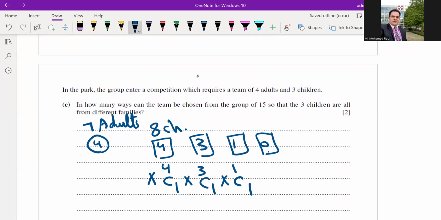What about the adults? There is no restriction for the adults, and we'll select 4, so will be 7C4. Find the product of 7C4 times 4C1 times 3C1. We can remove 1C1, it's correct because it's 1. The answer is 420.